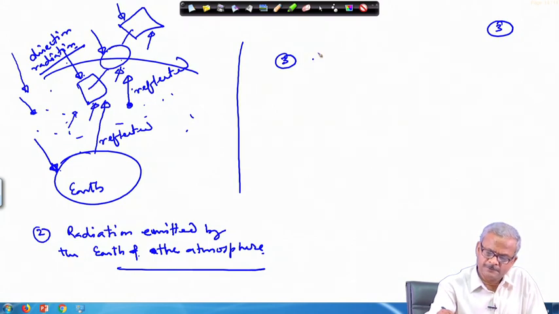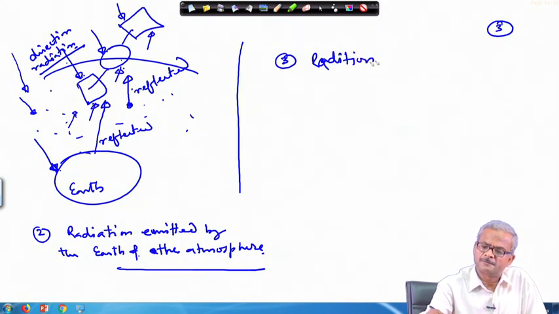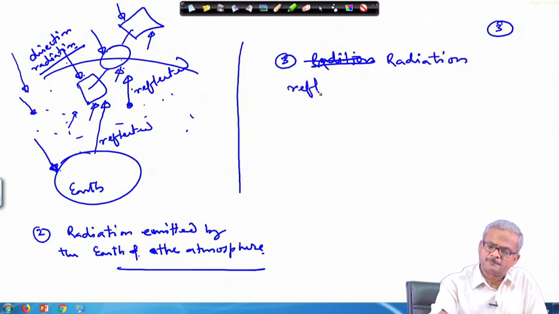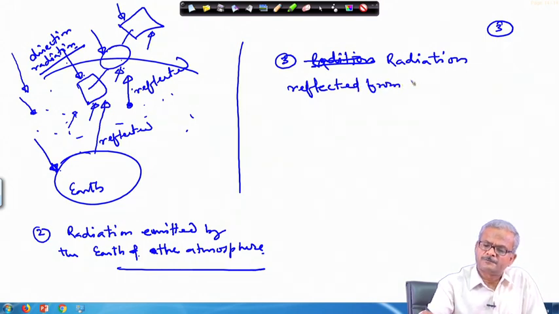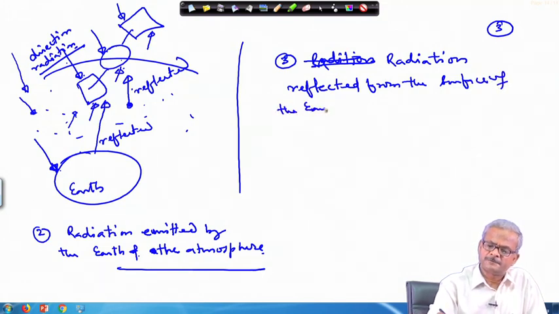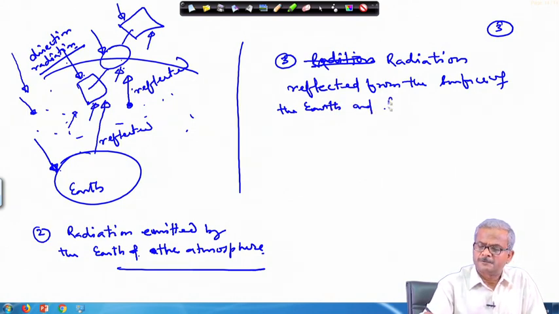So, the radiation reflected from the surface of the earth and from the atmospheric particles.